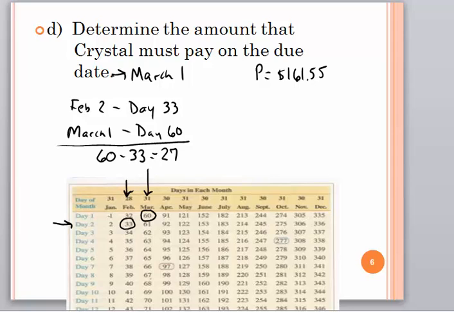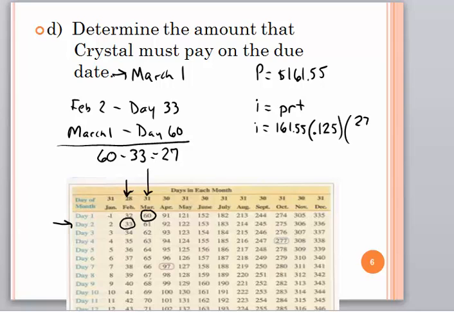And so let's go to our interest formula. I is equal to P times R times T. Let's plug in what we know. We know the principal at $161.55. We know the interest rate at 0.125. And we now know the time, 27 days out of 360.